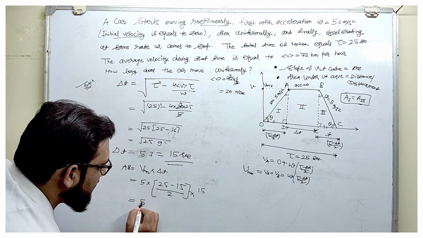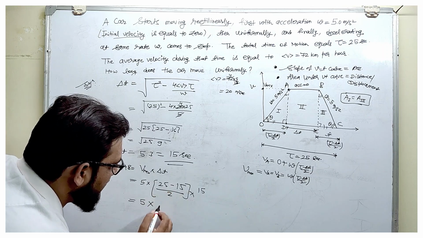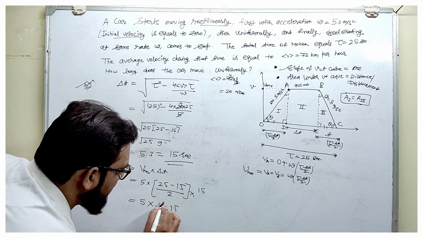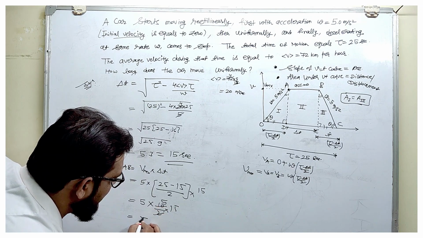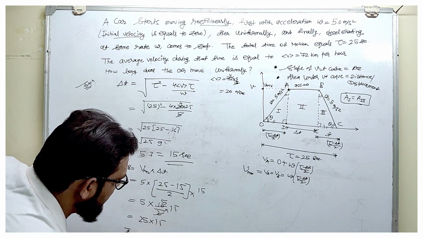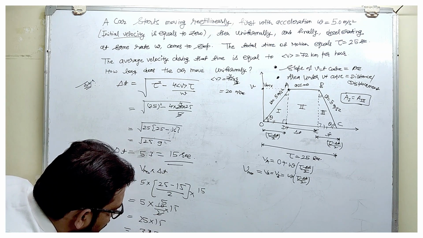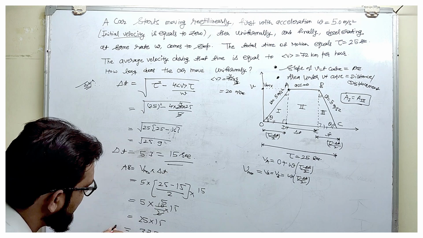When you further solve this, this will be 5, and then this will be 10 by 2, this will be 5, this is again 5, this will be 25 into 15. Is it okay, guys? This comes out to be 375 meter.